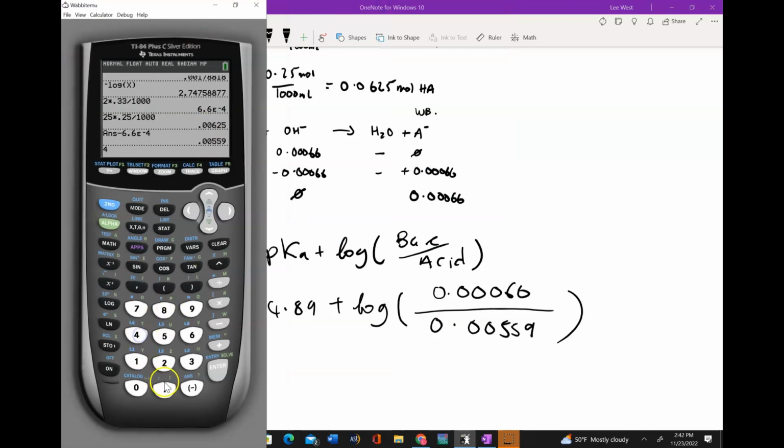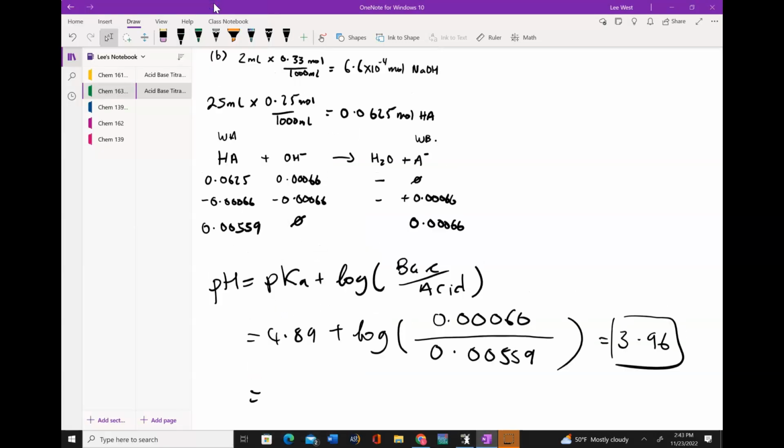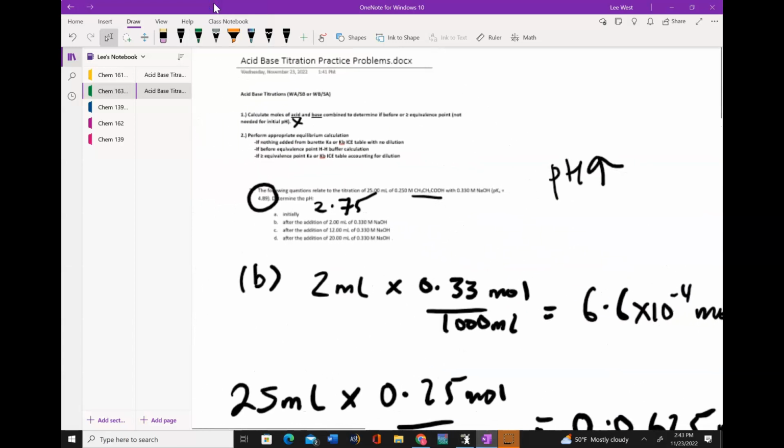So 4.89 plus log 0.00066 divide 0.00559. There we go. Boom. 3.96. So we are going in the right direction, okay? We're going in the right direction.